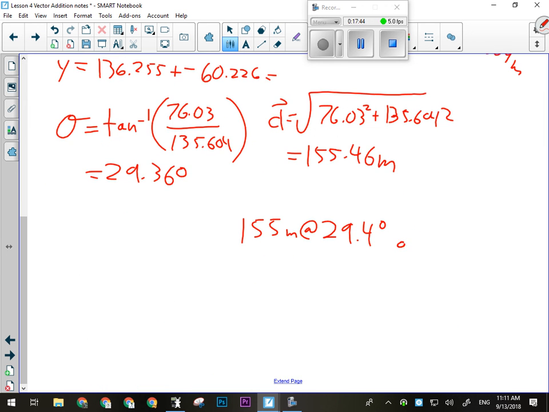So this would simply be above horizontal. And that's something that does catch people, because everyone wants to put the compass directions in because we use them so often. But if a question doesn't specifically state compass directions, you have to go with what it states. Okay. Did that make a little bit more sense today than it made yesterday?